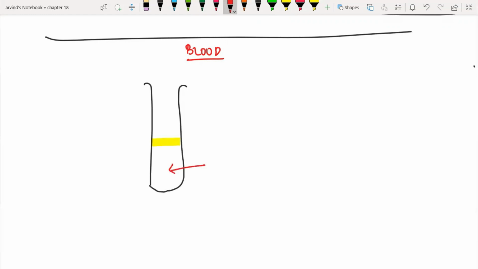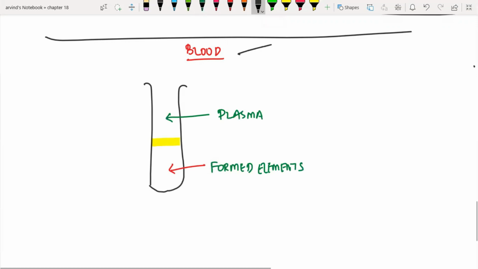One will be deposited, and that is called formed elements, and the other layer is plasma. So my blood, broadly, contains two components. One is plasma, another one is formed elements.